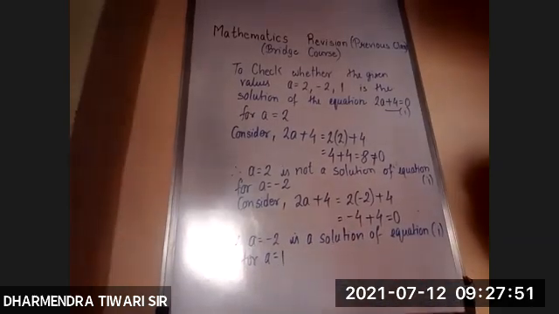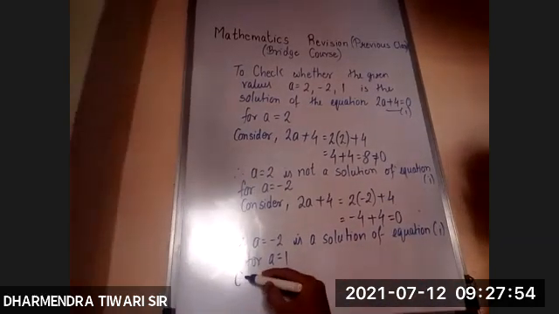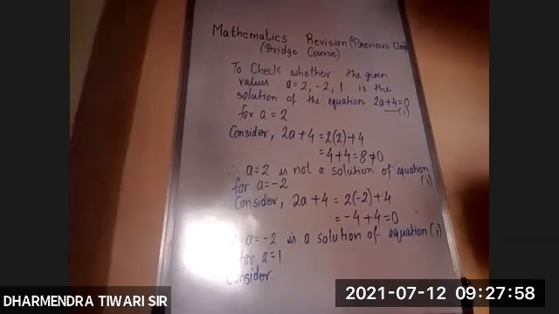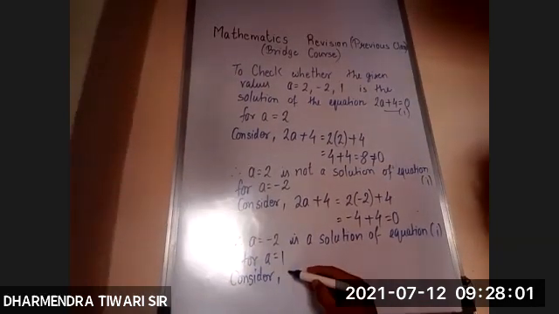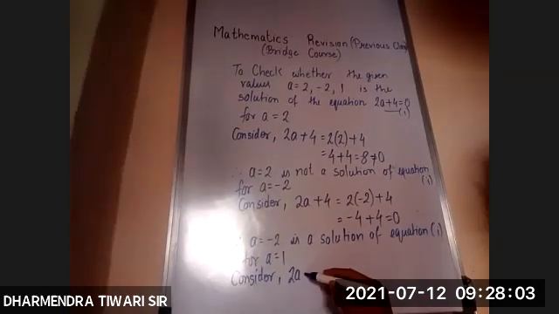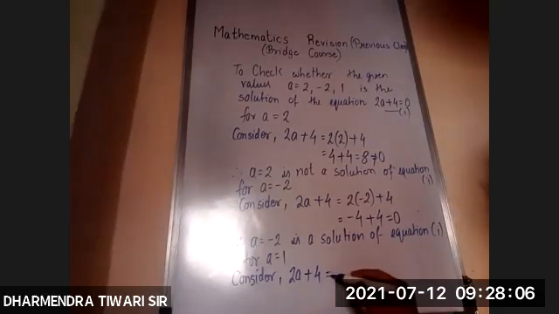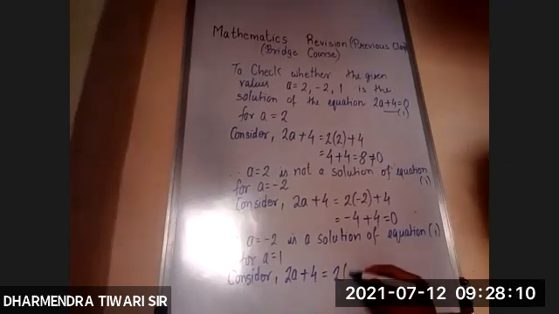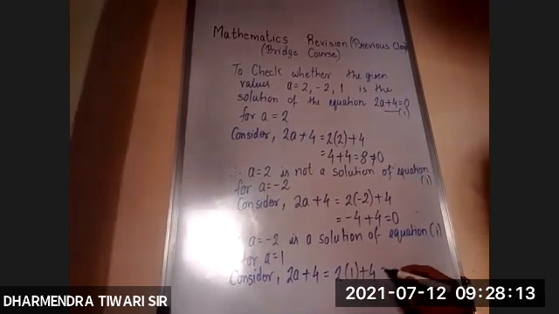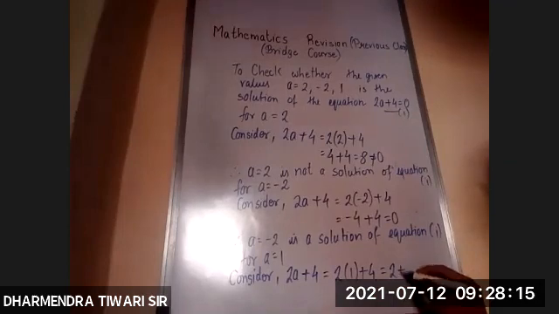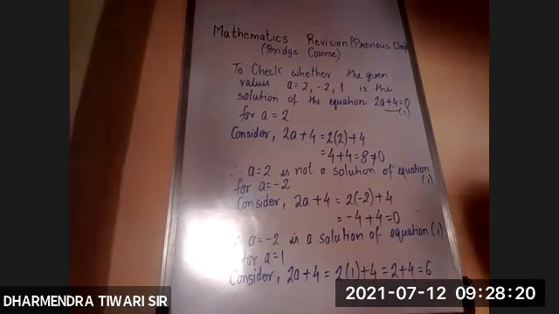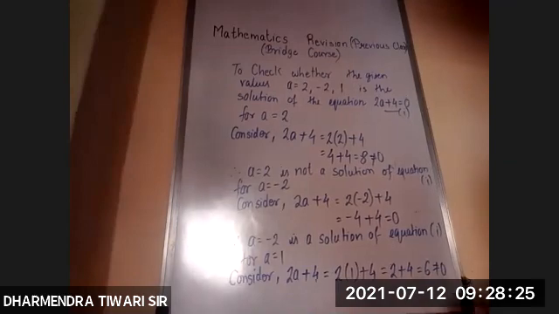For a equal to 1, consider 2a plus 4 is equal to 2 into value of a is 1, plus 4. 2 into 1 is 2. 2 plus 4 is 6. Therefore, you can see that this is not equal to 0.